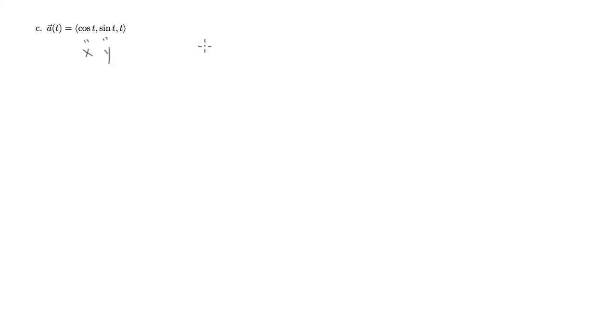So notice first that if we use our Pythagorean identity, we have x squared plus y squared is equal to 1. And so what does that mean? That if I just looked at the xy plane, I would be looking at a particle going around a circle.